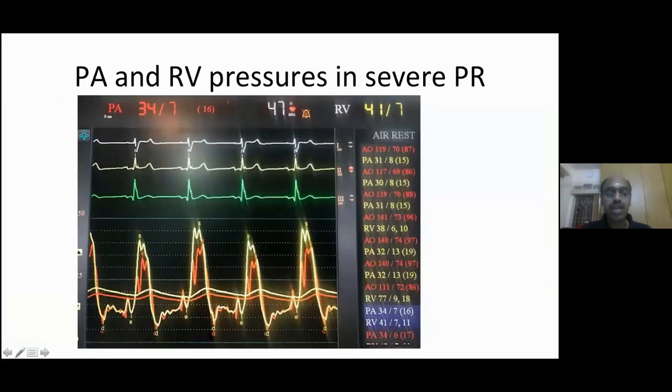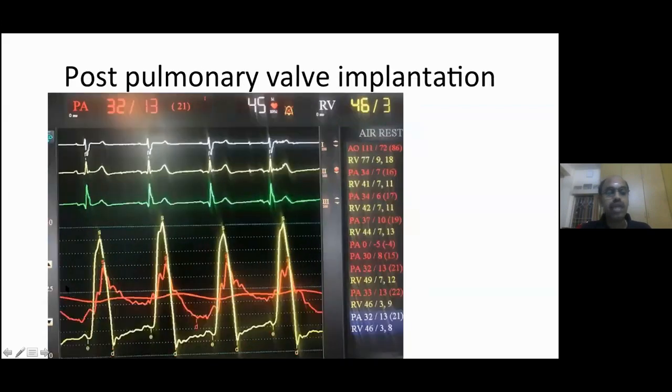So let us now look at the right ventricle itself. The right ventricle will match the pulmonary artery in patients who have severe pulmonary regurgitation. There will not be much difference between the pulmonary artery pressure trace and the right ventricular pressure trace. And we explained that after we put in the percutaneous pulmonary valve, what will show up is a diastolic gradient between the pulmonary artery pressure trace and the right ventricular pressure trace.